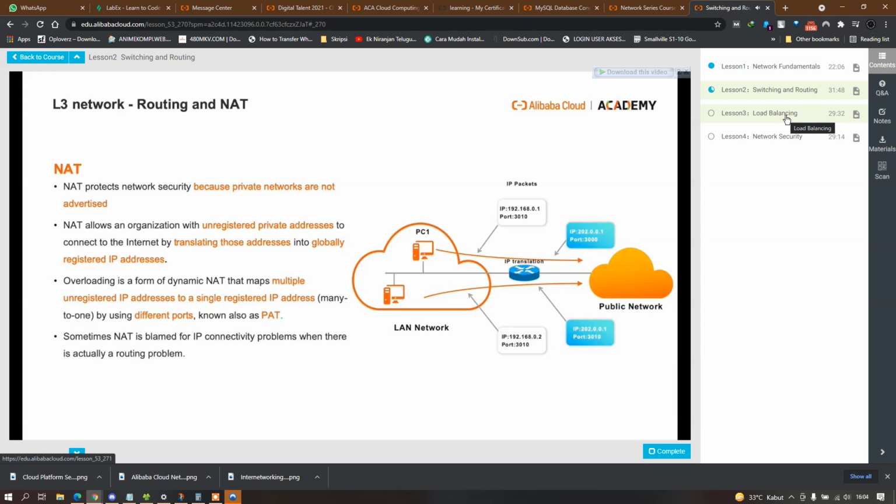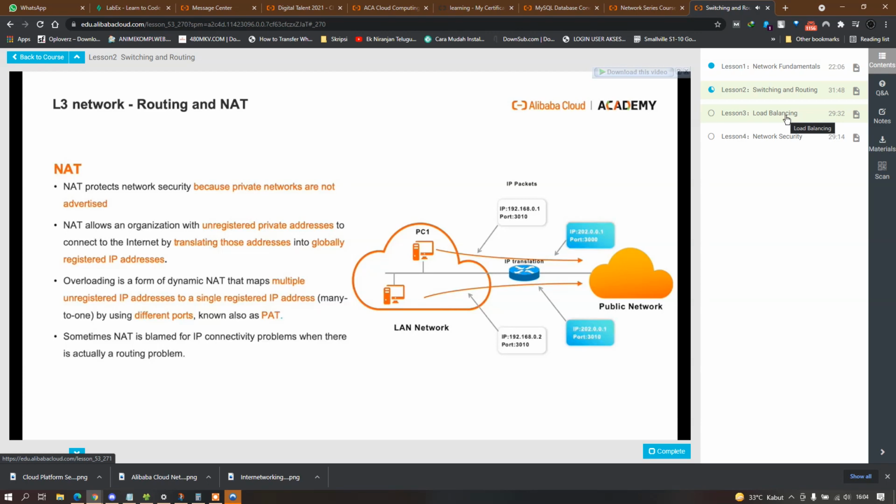But there are some scenarios where a host in the private network or in the company network needs to visit an IP address on the internet. As we know, the private IP address inside of your company or your network cannot be routed in the public network on the internet. So we should find a way to make it possible that the network inside of the company can visit the internet.